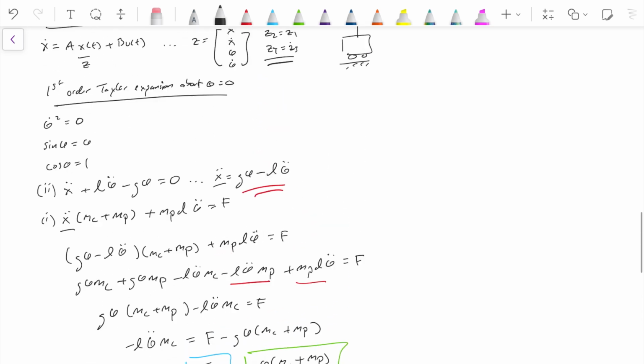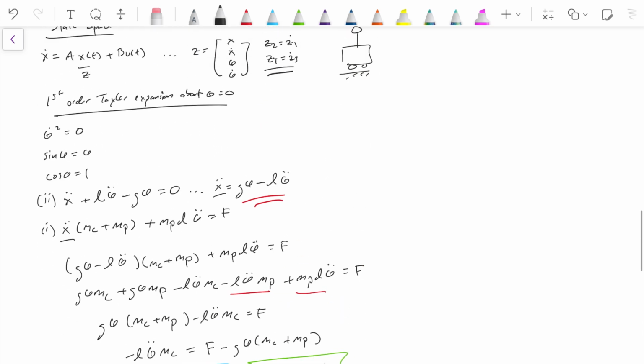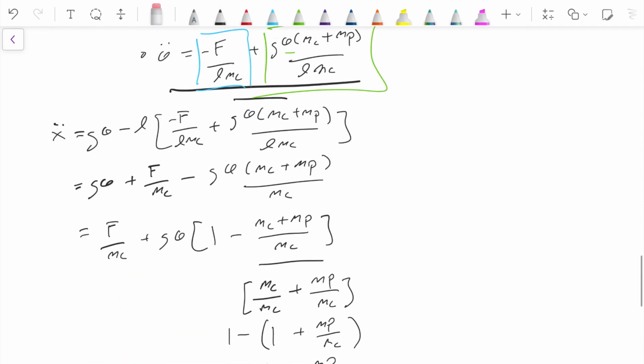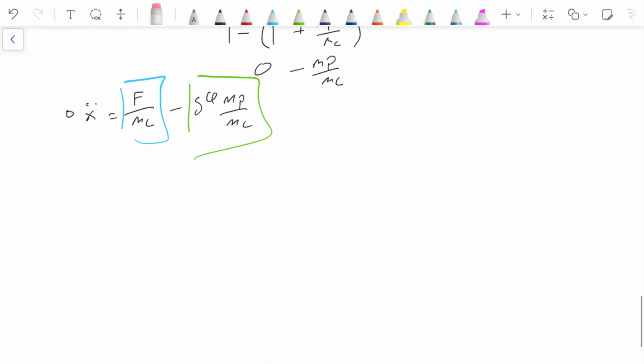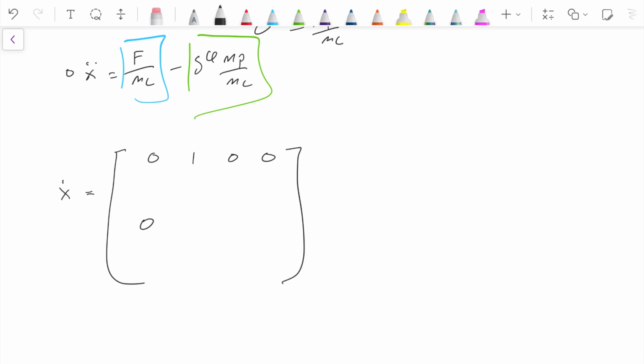So now we want to stick these into our state space form up top. So we have x double dot, theta double dot, and we know that z2 is equal to z1 dot, z4 is equal to z3 dot, and z dot is equal to Az plus Bu. So z dot is equal to our A matrix here, which in the beginning is 0, 1, 0, 0, skipping the second column for now, 0, 0, 0, 1.